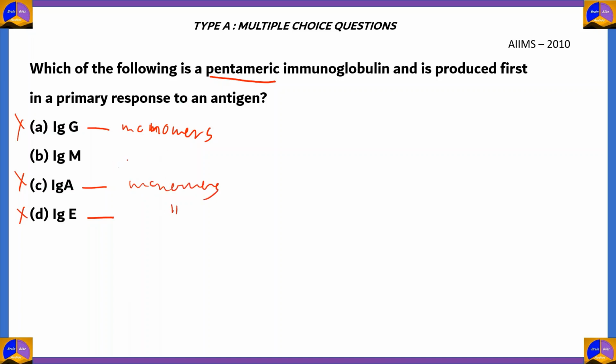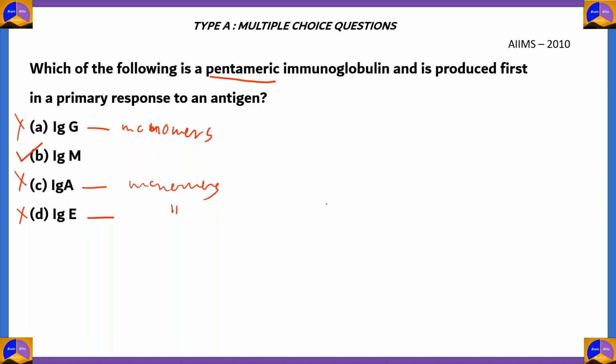So IgG, IgA, and IgE are monomers, and since we're to find a pentameric immunoglobulin, that instantly leads to option B, IgM. And since we know that IgM is produced first in a primary response to an antigen, we can also find out that option B is the right answer.